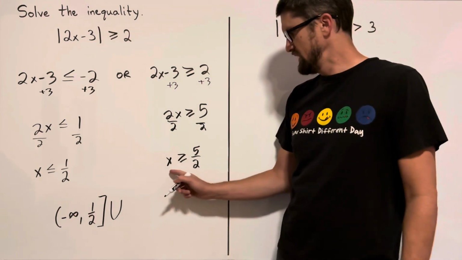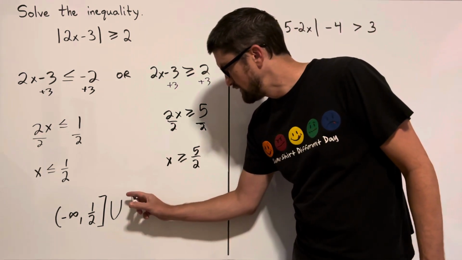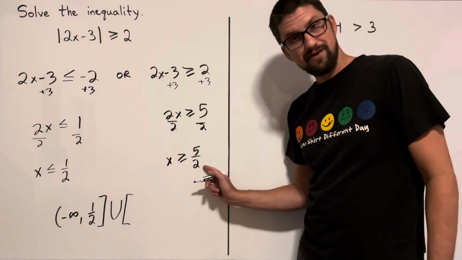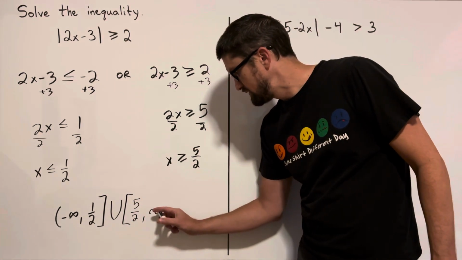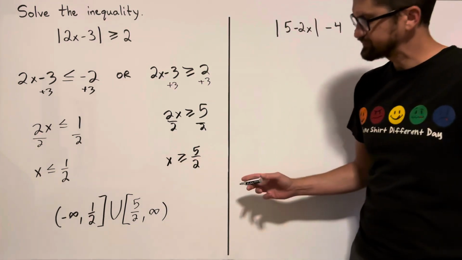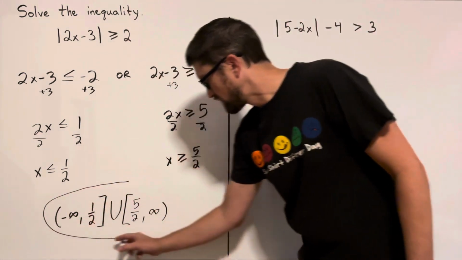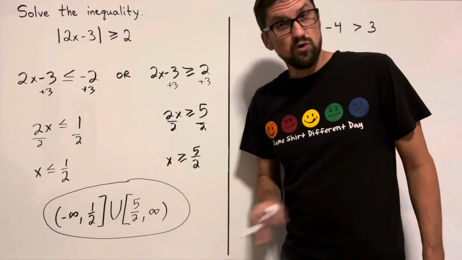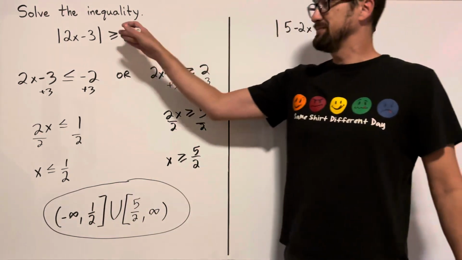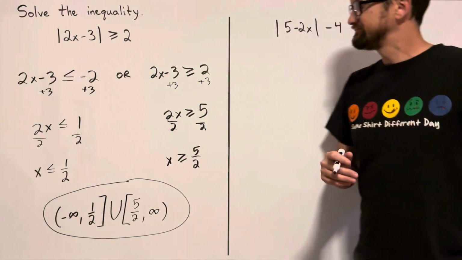And then you want to do this interval: square bracket, since the 5/2 is included, and then comma, infinity. So as long as x is in either one of those intervals, it's going to make that inequality true.